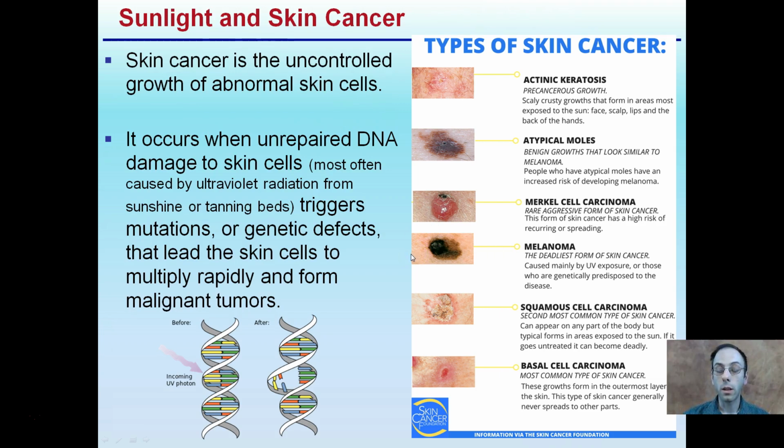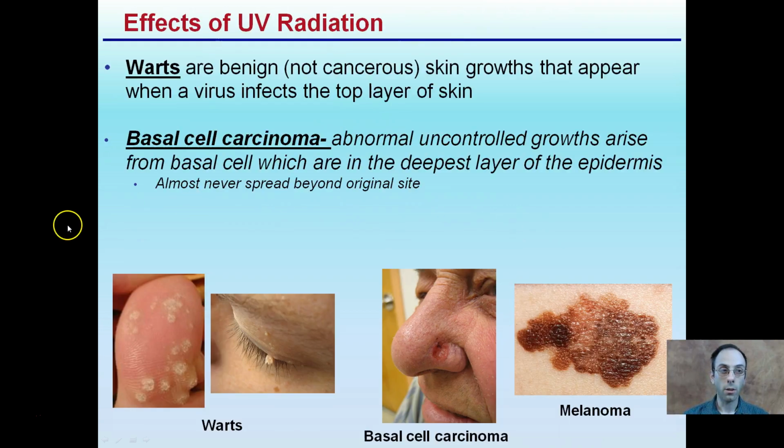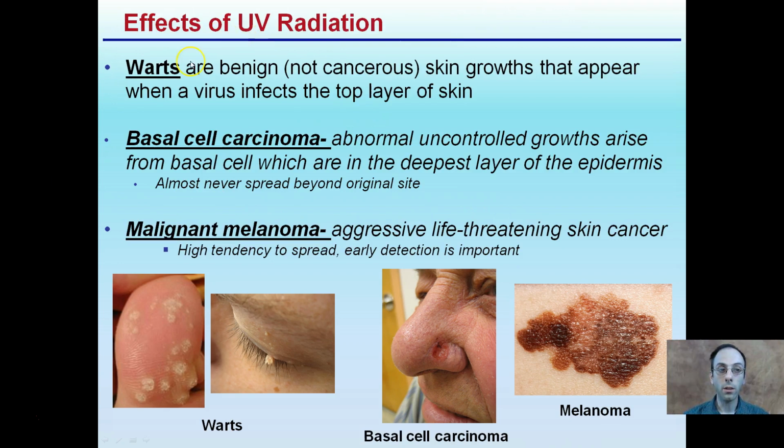So it's very important to just keep an eye out. Constantly look at your skin, and if you notice any of these or something that looks like these starting to form, contact someone immediately. So again, here says comparisons, effects of UV radiation. Warts are benign and not cancerous. They're skin growths that appear when a virus infects the top layer of skin.